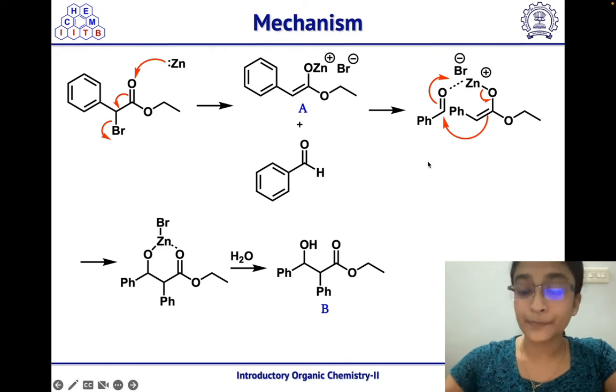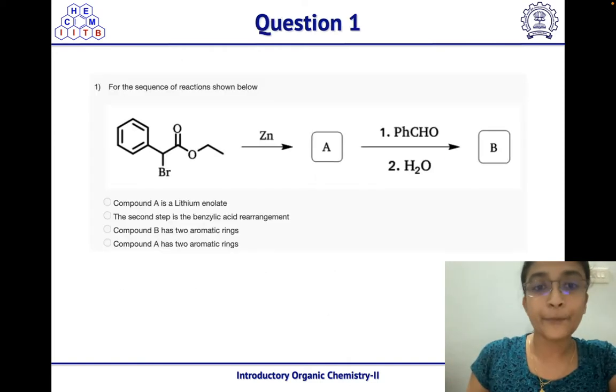So we can conclude that out of these four options, compound A is not a lithium enolate, and the second step is not a benzilic acid rearrangement. It is an aldol-type condensation, so that statement is not true. Then the statement that compound A has two aromatic rings is also wrong. So the correct statement is that compound B has two aromatic rings.